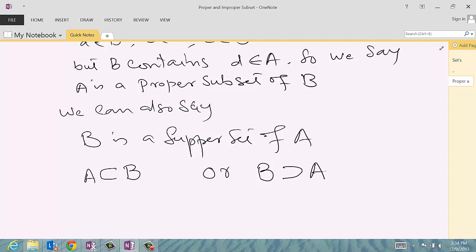If you talk about the son, you say A is a son of B. But if you talk about B, then you say B is a father of A. So this relation of containing is really the way you read it or the way you write it. If you write A first, then reading from left to right, A is a subset of B, or you can say that B is a superset of A.